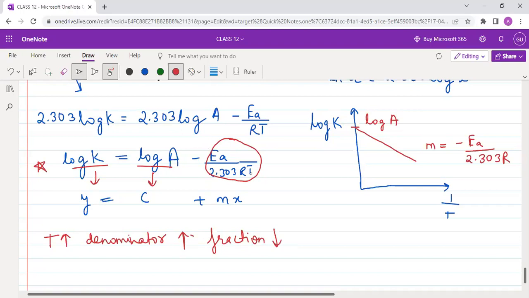So this whole value is getting decreased. That means the negative value, minus Ea by 2.303 RT, is decreasing.